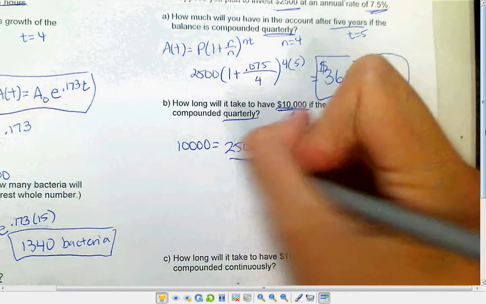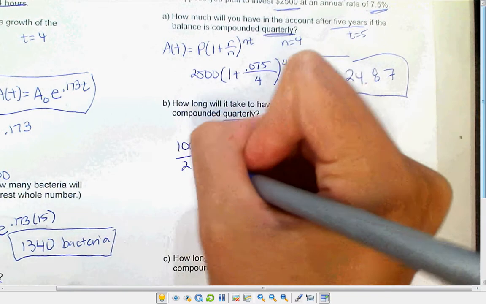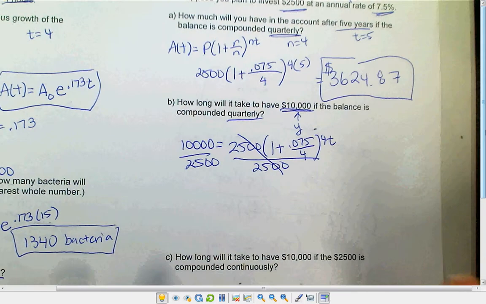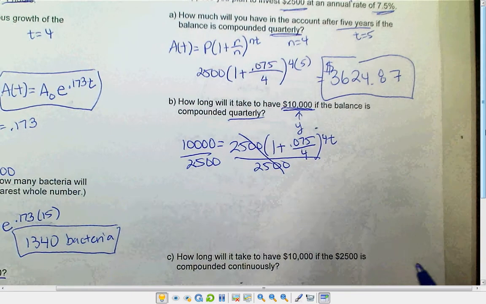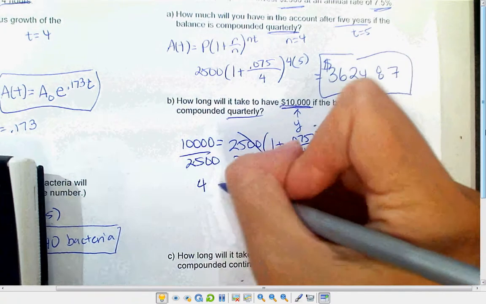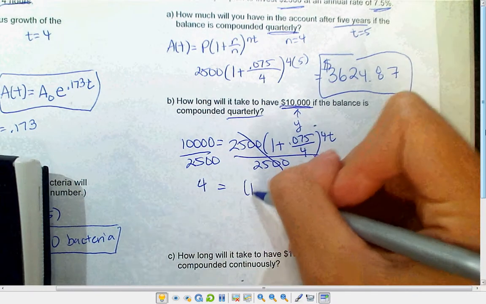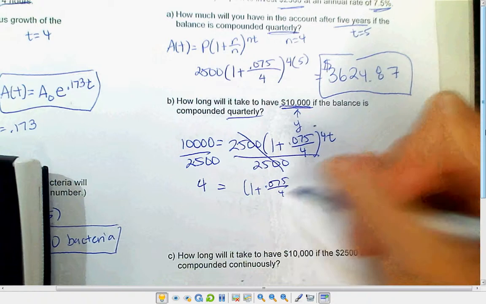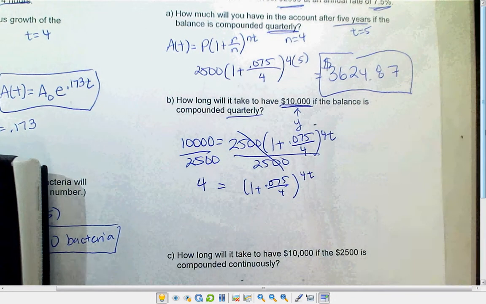I'm going to get rid of this 2,500. 10,000 divided by 2,500 leaves me with 4. So now I have 1 plus 0.075 over 4 to the power of 4t.